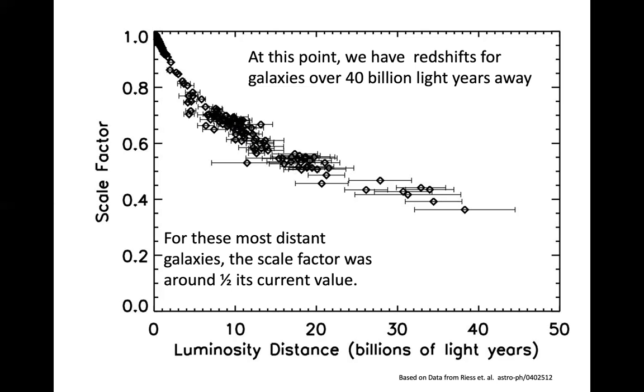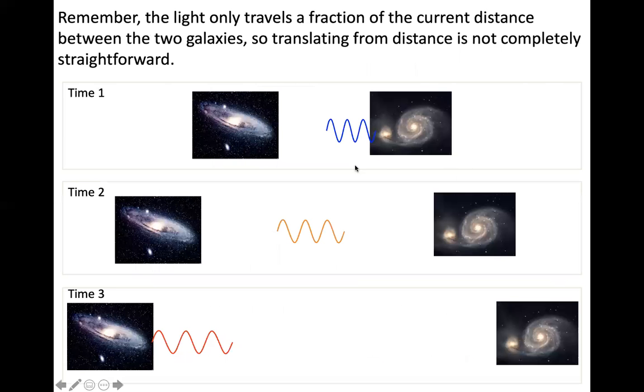But now we have to be a little careful, because as the universe has expanded, the distance between these galaxies has changed a lot. And this light was emitted when the galaxies were closer together. So you have to take that into account when you convert this distance into a time.